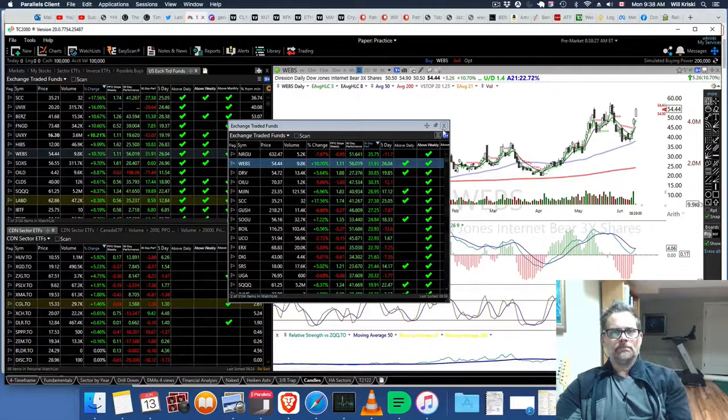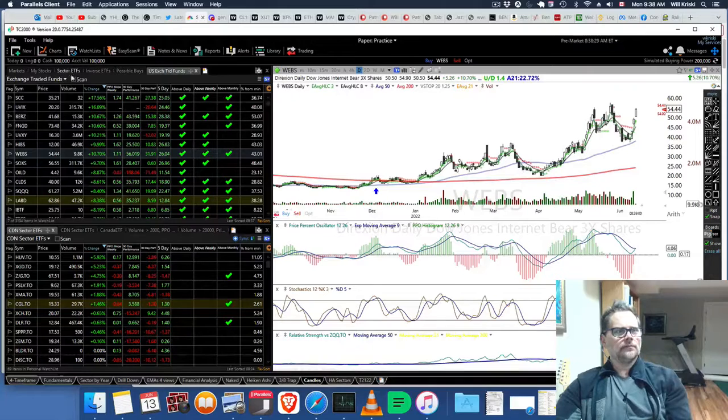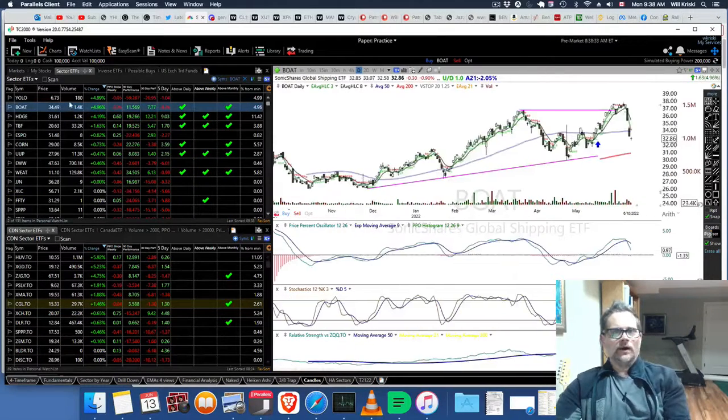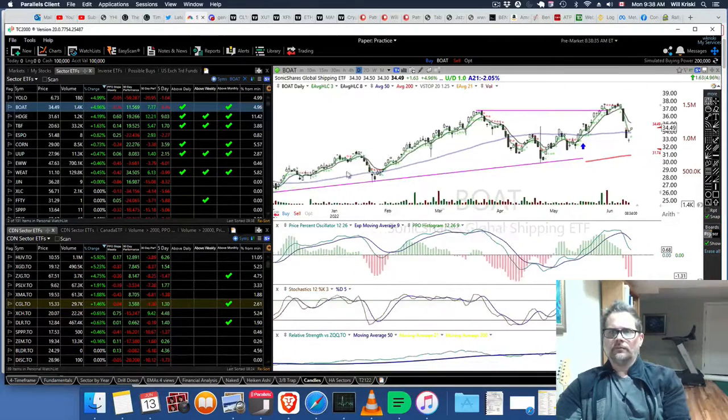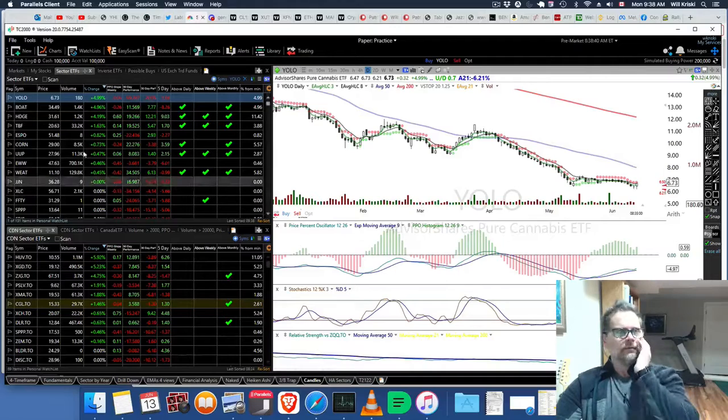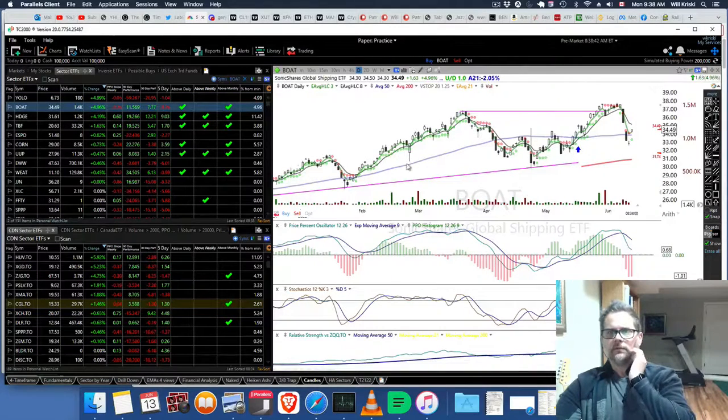The other thing, if we go back to my sector ETFs, right now pre-market, BOAT is going up, which is the shipping, and the cannabis, but they're not really in a great state in terms of the charts.